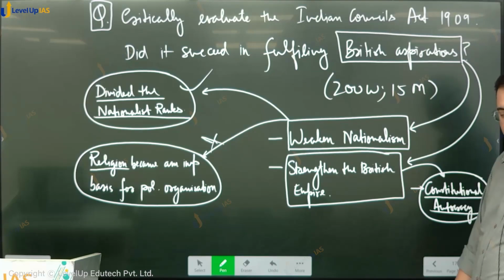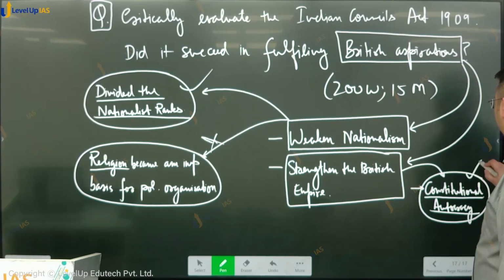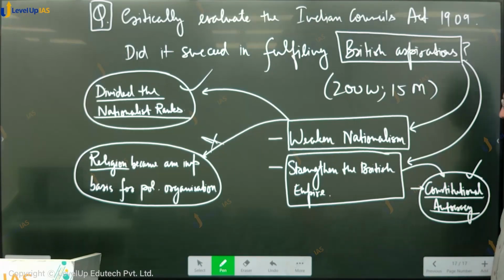In the short term, it worked in their favor. Okay? They were able to centralize power in their own hands. They were able to avoid sharing power with Indians. However, this constitutional autocracy created further resentment among Indians.